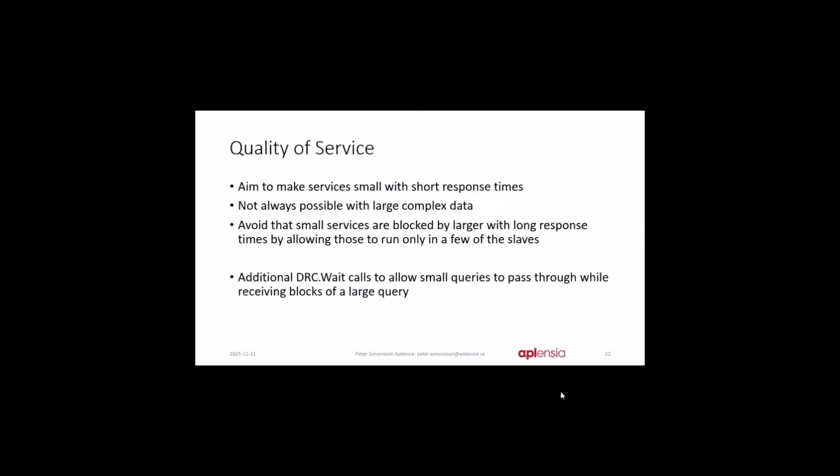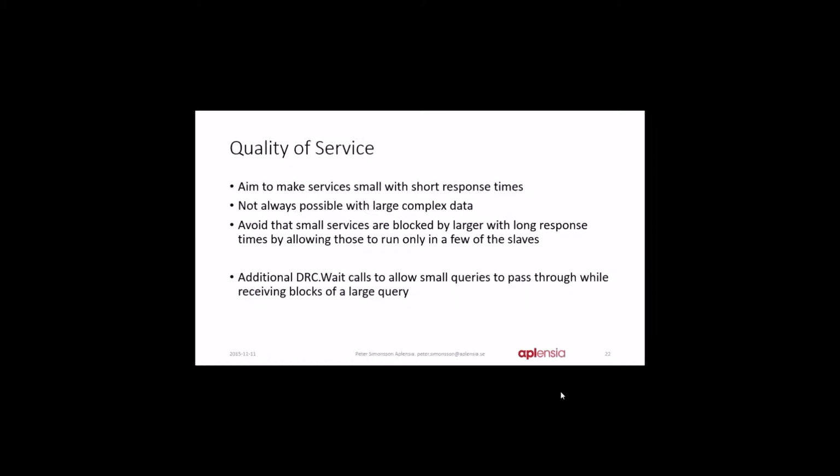We need to make sure that something simple, a service that can be answered within a tenth of a second or something, doesn't get blocked by a larger service that could take a couple of seconds, perhaps.